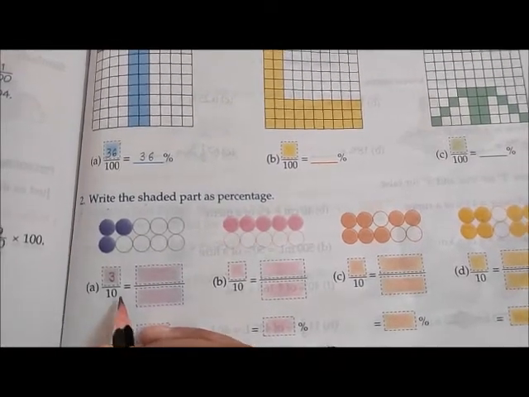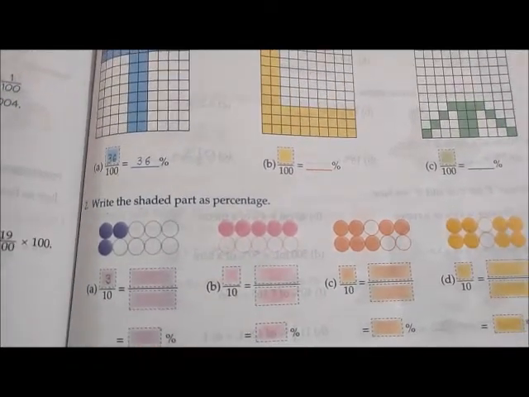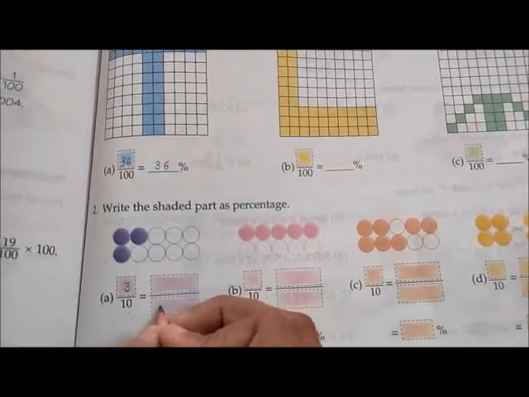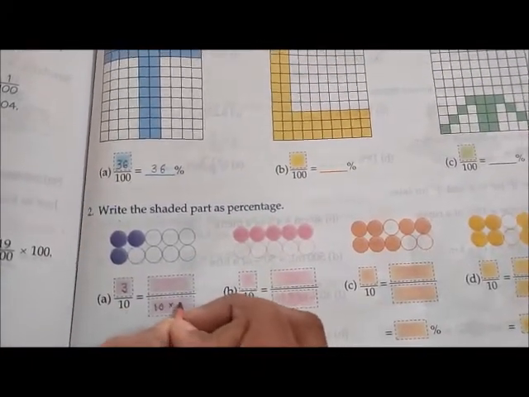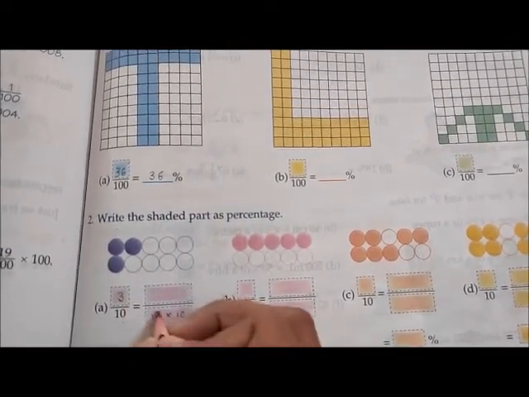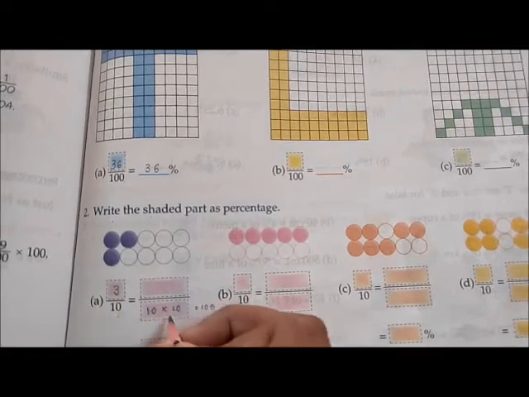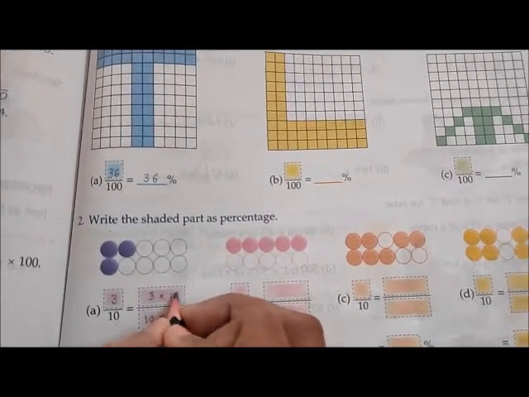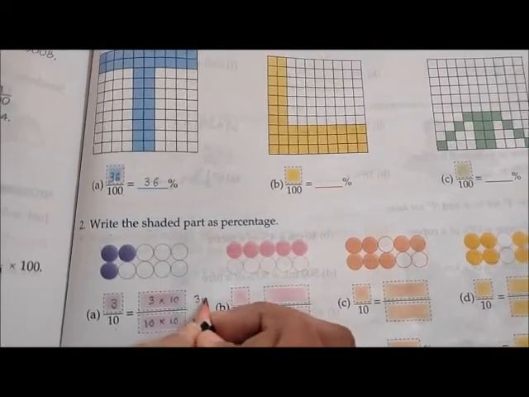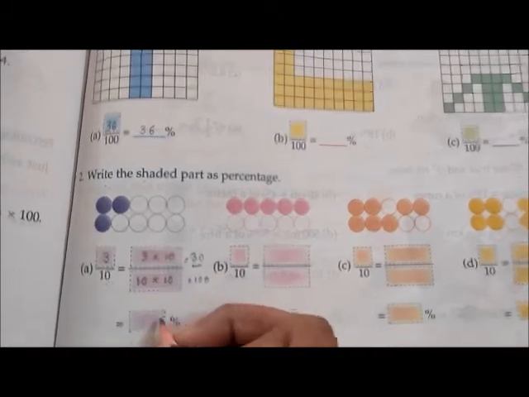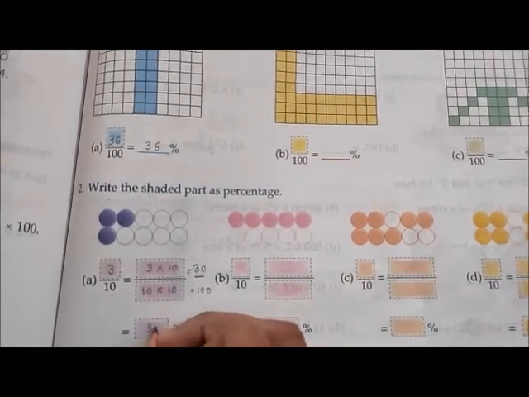So we are going to multiply this 10 by 10 only. जब आप 10 को 10 से multiply करेंगे, you will get 100. So 10 multiplied by 10 will make 100. So जब हम denominator में 10 से multiply कर रहे हैं, we have to multiply it in numerator also. So this will become 30. So this is 30 upon 100. So 30 by 100 will be 30%.